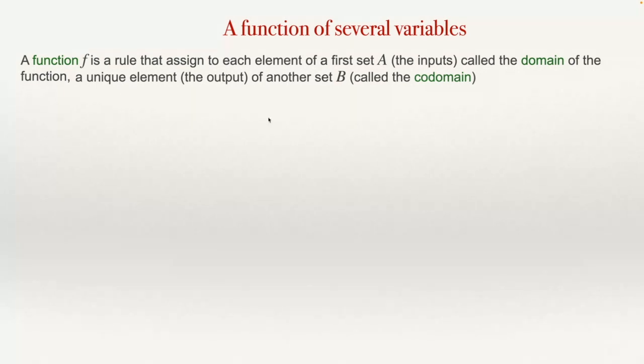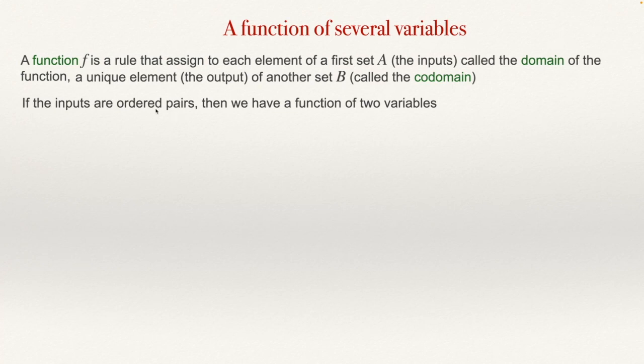So for having a function, we are going to have a rule, a first set that we call domain, and a second set that we call codomain. Or we can say a rule, a first set of inputs, and another set of outputs. So if the inputs are pairs, and I'm going to say ordered pairs, when I say ordered pairs, it means that this pair has a first element and a second element.